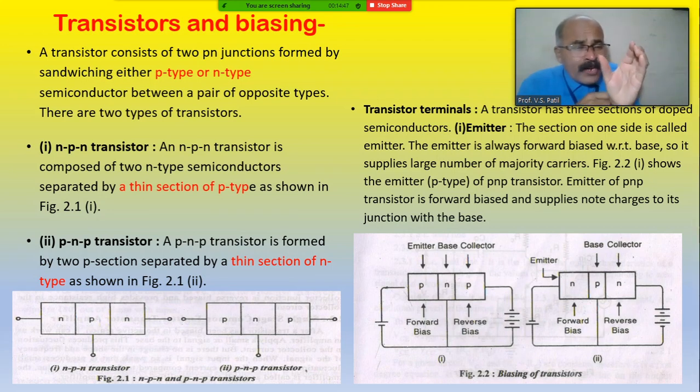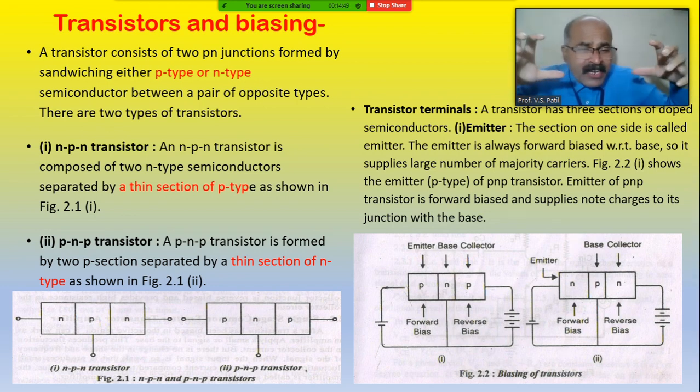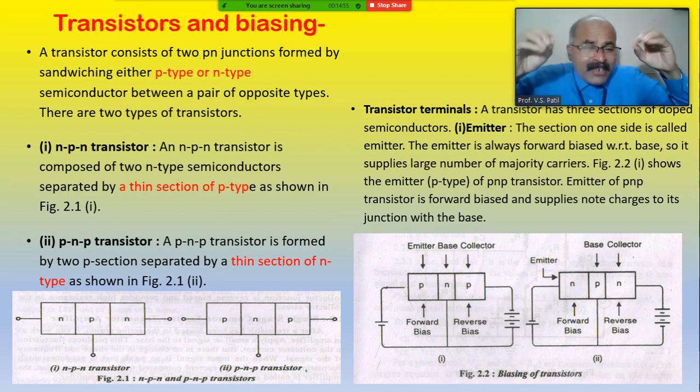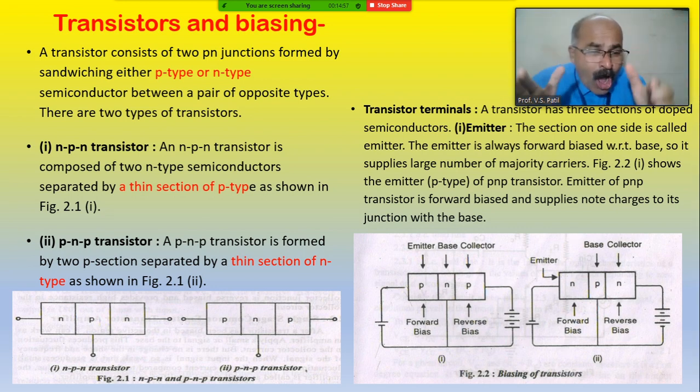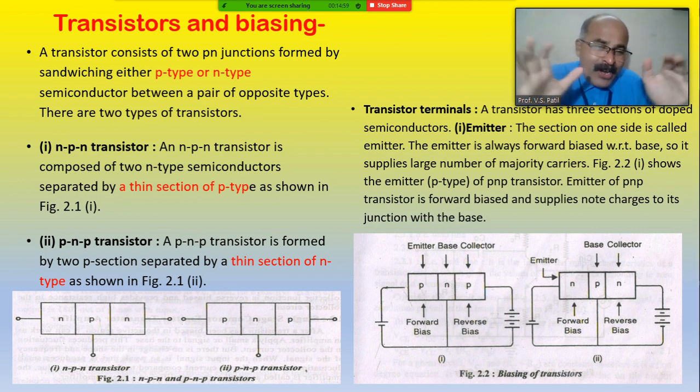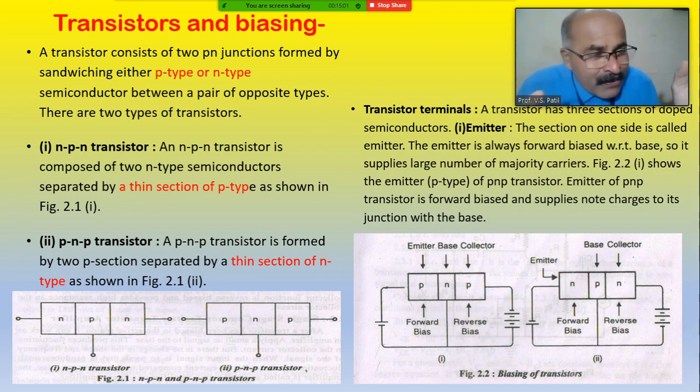Because one semiconductor material is placed between two opposite-type semiconductor materials, means n is placed between two p-type, or p is placed between two n-type semiconductor materials. So there are two types of transistor: one is the PNP transistor, another is the NPN transistor.